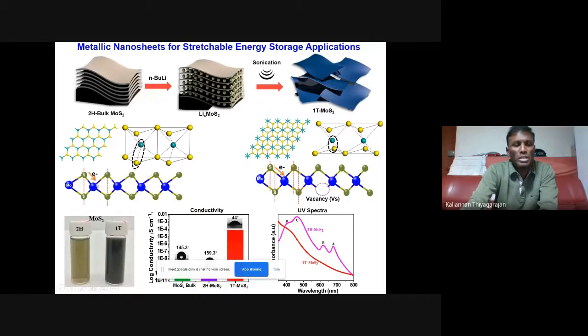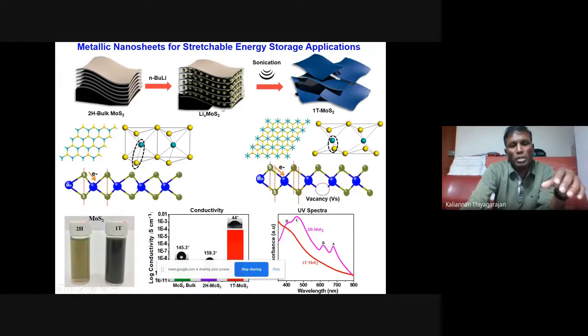How is it happening? For example, this is the crystal structure of the 2H phase MoS2. It is a layer structure of molybdenum and sulfur: top sulfur, middle molybdenum, and then the bottom layer also sulfur. In the 2H phase, the sulfur and sulfur will be aligned in the same orientation.